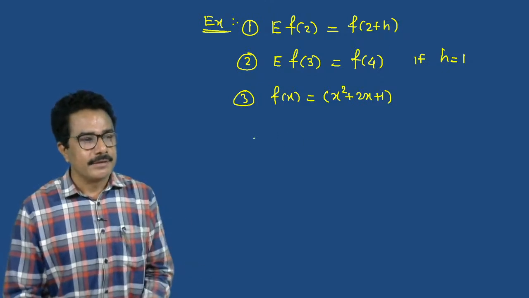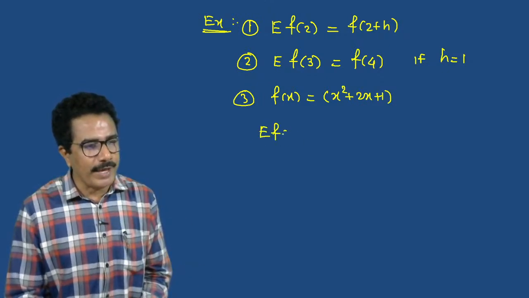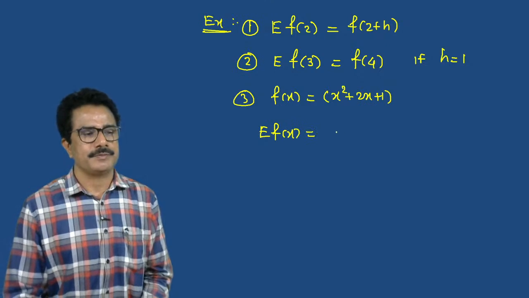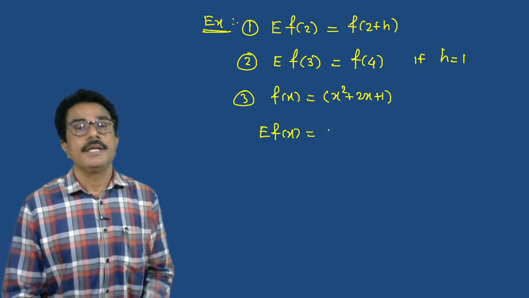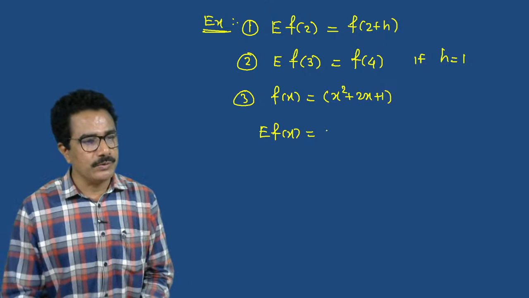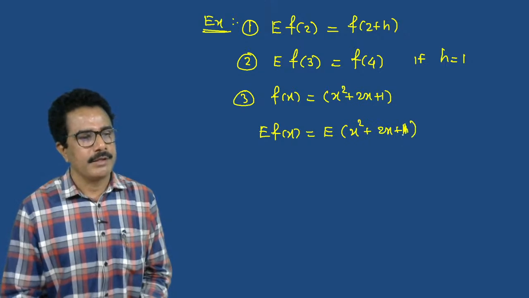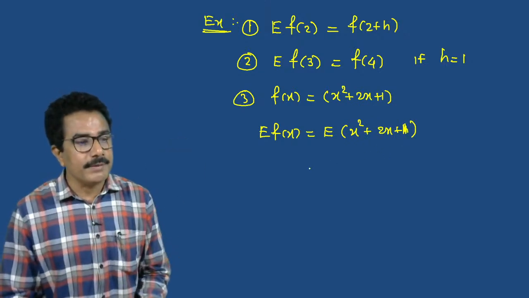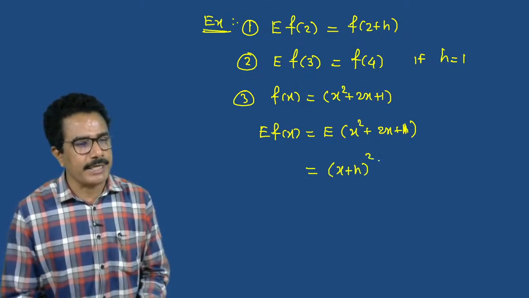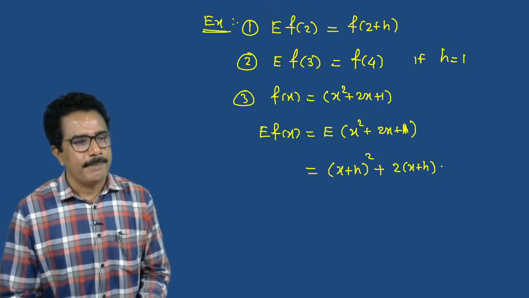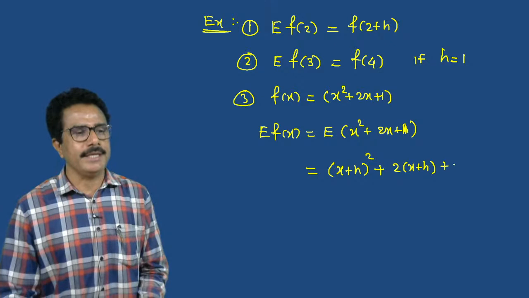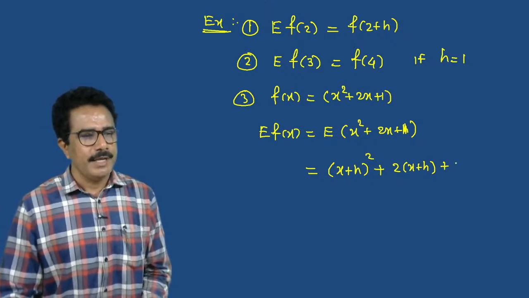Then E of f of x is equals to E of x square plus 2x plus 1, that means it shifts to the next operators, that is x plus h bracket square plus 2 into x plus h plus 1. It is no problem, as 1.